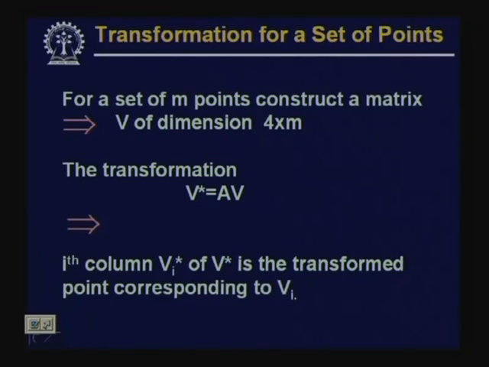Here you find that any particular column, the ith column Vi star in the matrix V star, is the transformed point corresponding to the ith column of matrix V, which is represented by Vi. So, if I have a set of points which are to be transformed by the same transformation, then all those points can be arranged in the form of columns of a new matrix.